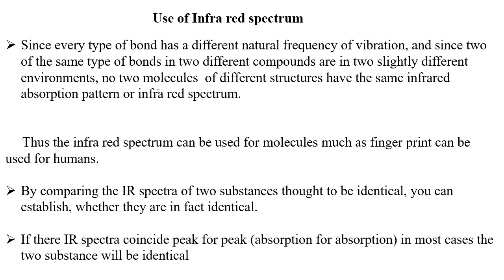And so we can say different molecules will have different patterns of infrared spectrum, because every type of bond has a different natural frequency of vibration, and even if different compounds have the same type of bonds, they may exist in two slightly different environments, and hence no two molecules of different structures will have the same infrared absorption pattern.